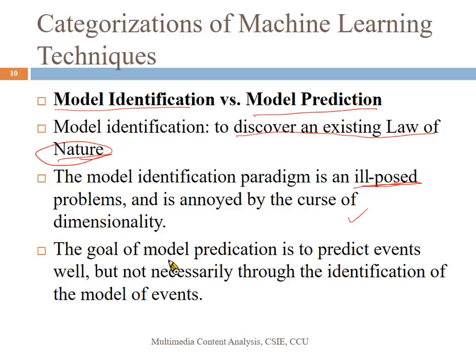And the goal of model prediction is to predict events well, but not necessarily through the identification of a model of events. So model prediction is more like the discriminative model mentioned above. They try to predict events well, but do not try to identify which model or discover the existing law of nature. They don't do that.